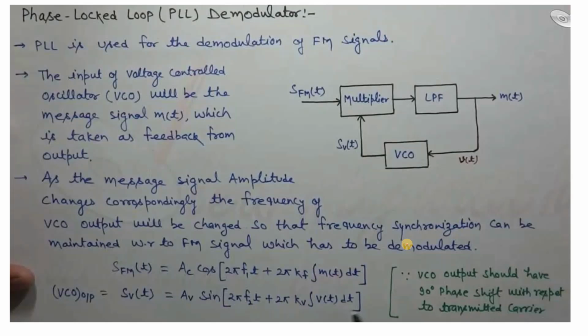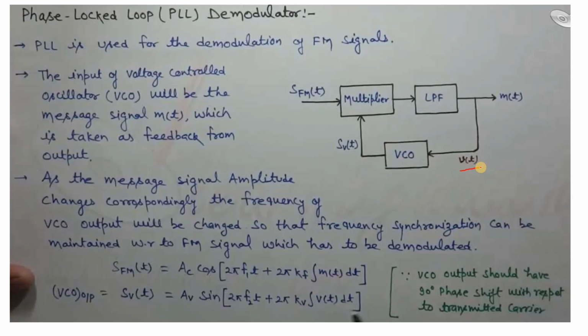And another part, okay, phase lock loop. Already I told you that all the remaining circuits used for the demodulation of FM have many problems, but only the phase lock loop is good to demodulate an FM signal. Let me consider this circuit diagram. We have the multiplier, low pass filter, and voltage control oscillator. Already you know what a voltage control oscillator is.